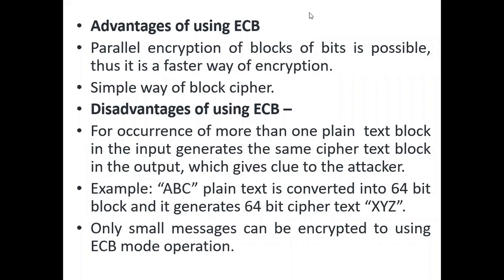Whenever you give ABC as an input, you will get the same output XYZ. Is it clear? So it will give a clue to the attacker. Once he finds that ABC is XYZ, wherever it is there, in all the places he can get the original data. That is a drawback.